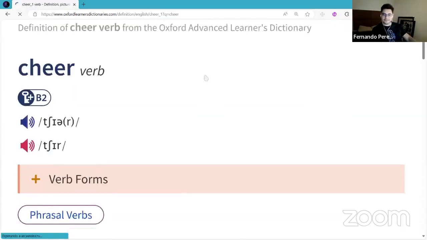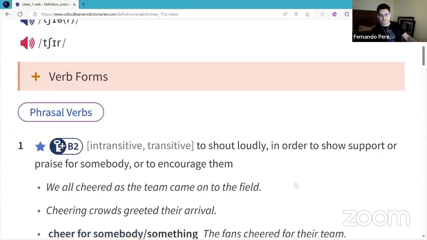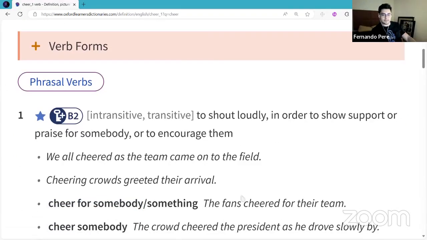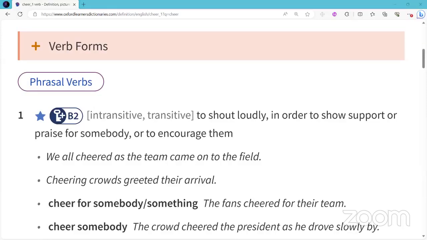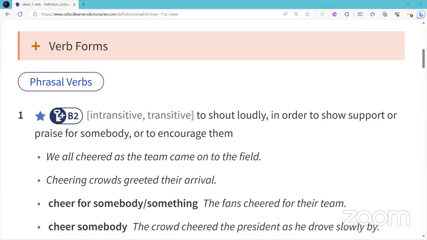The last one that we are going to check is cheer. Cheer as a verb. Mitch. To shout loudly in order to show support or praise for somebody or to encourage them. We all cheered as the team came on the field.